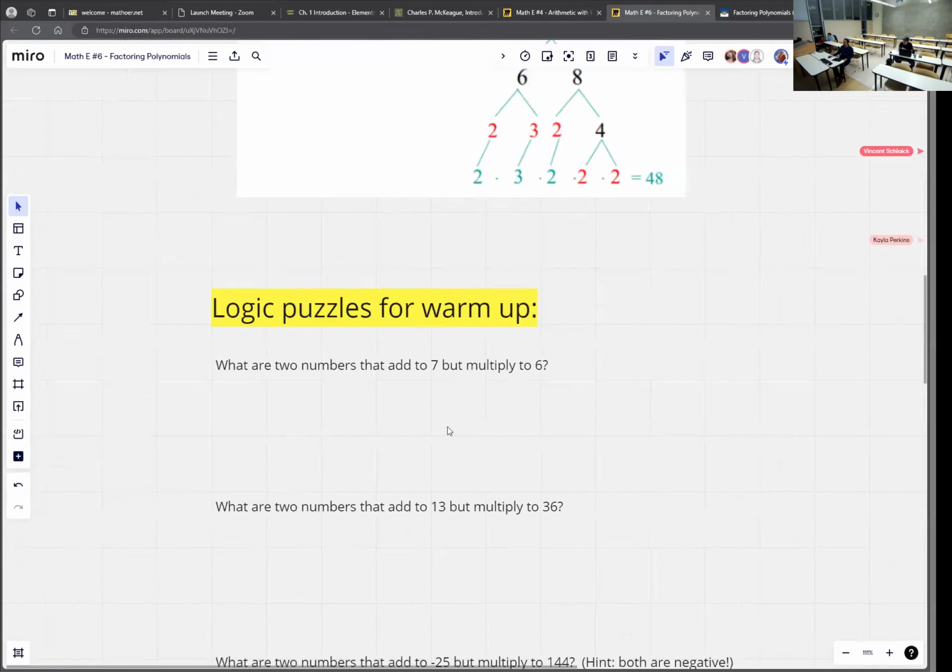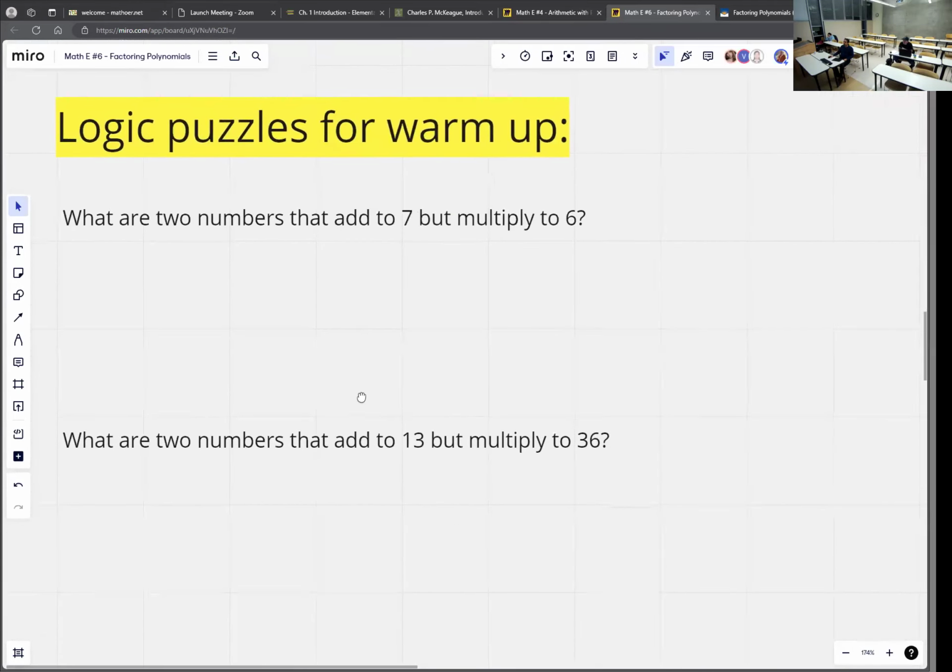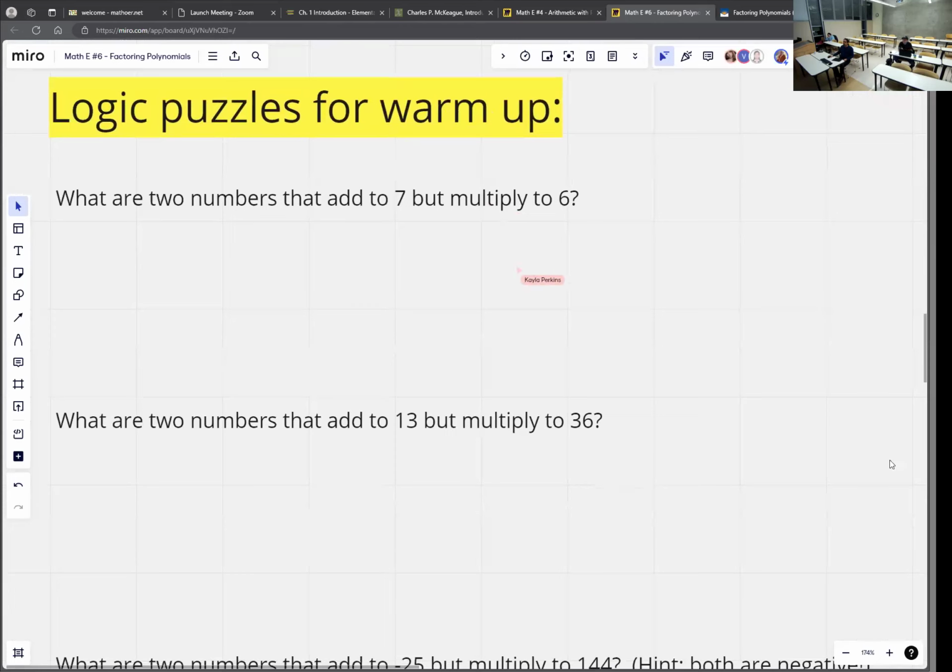Okay. So we're going to use that with this kind of logic puzzle. What are 2 numbers that add to 7 but multiply to 6? If you can think of them, it's okay just to spoil it for everyone in this first one.